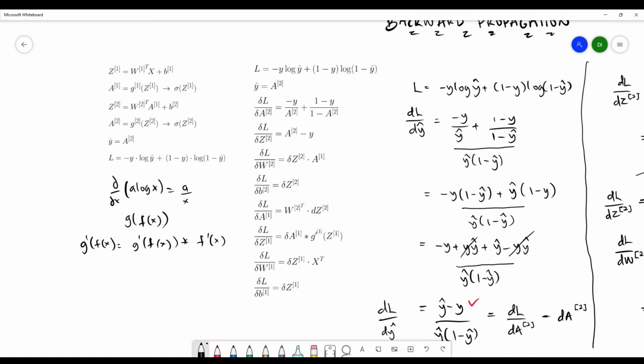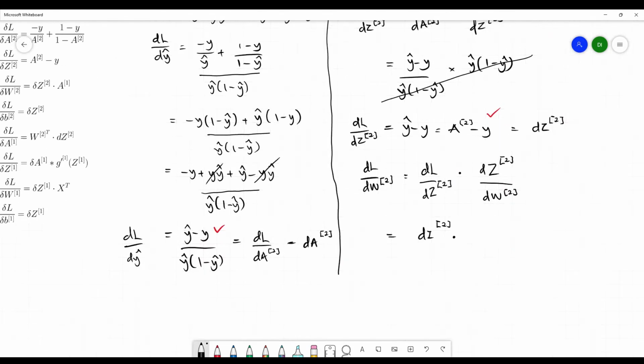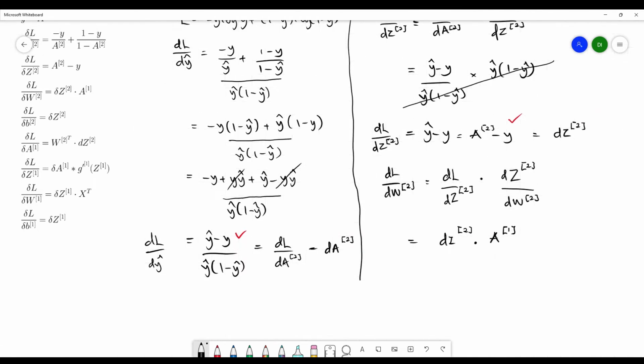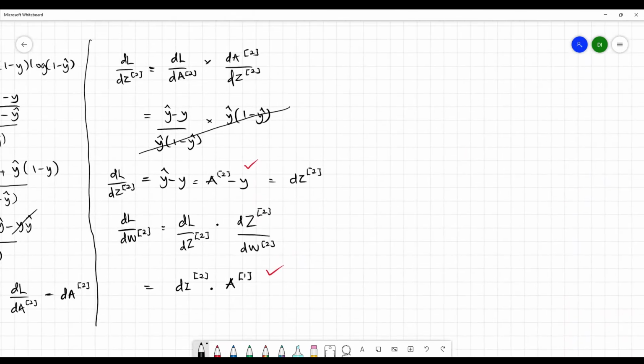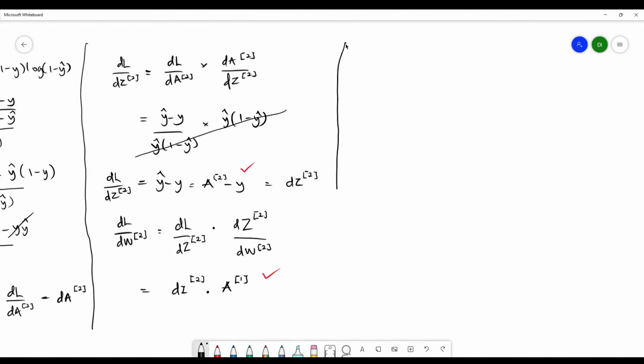So here, dZ2 times A1. Is that what we have over here? Yes. And so we take our red pen and we say check. All right, moving on, looking good.